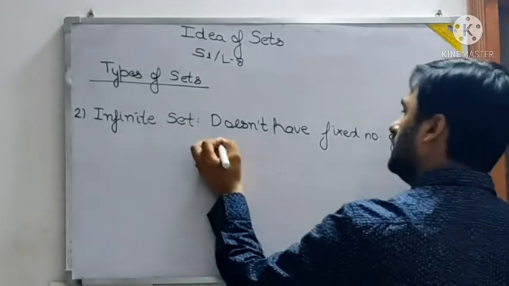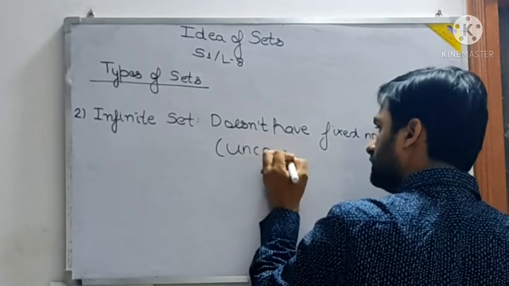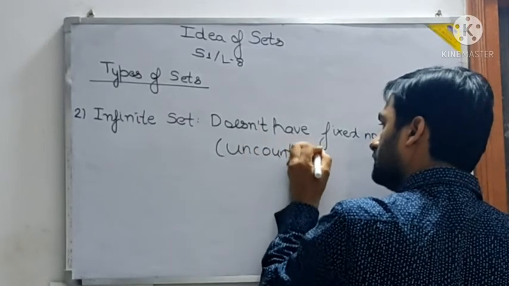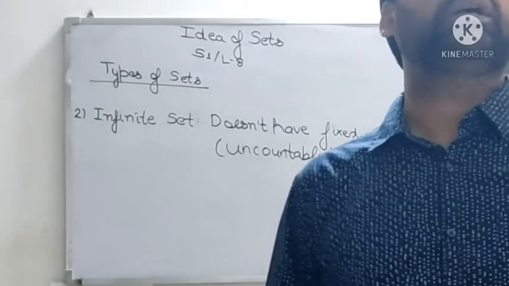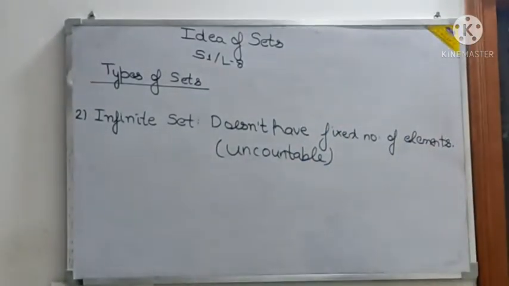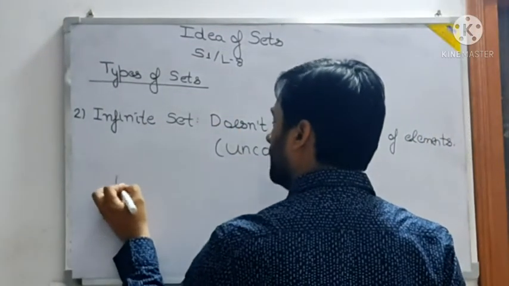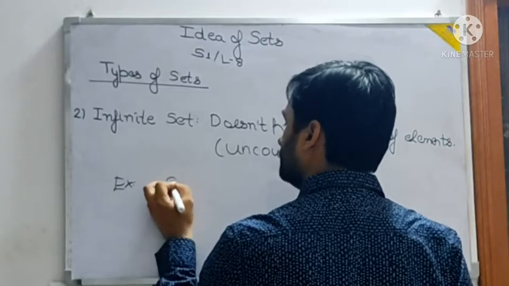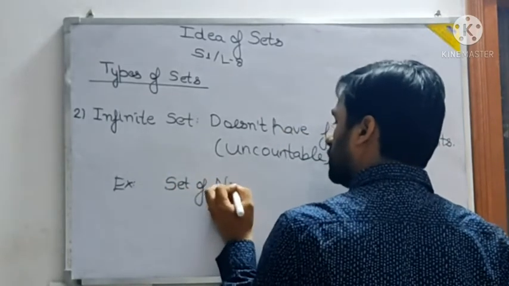One word used here is uncountable. If you have heard about it in the English language, countable nouns, uncountable nouns, you have studied that also, right? What can the example be? Example: the set of natural numbers.